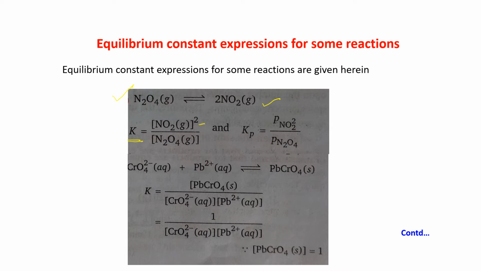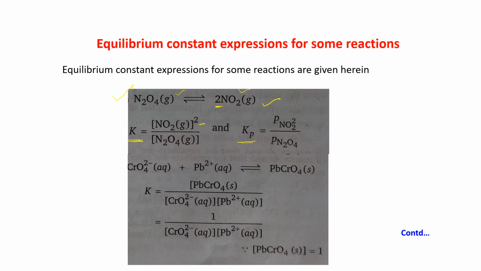Why is it to the power 2? Because the stoichiometry of this product is 2, divided by N2O4. This is the equilibrium constant, and this Kp will be the partial pressure of NO2 to the power 2 divided by the partial pressure of N2O4, because both are in the gaseous state.